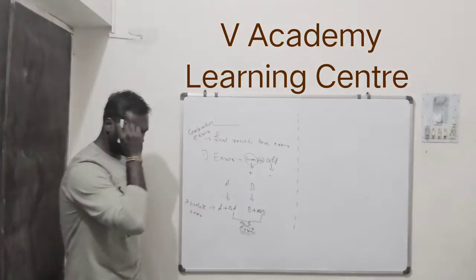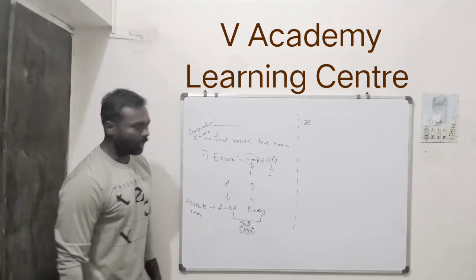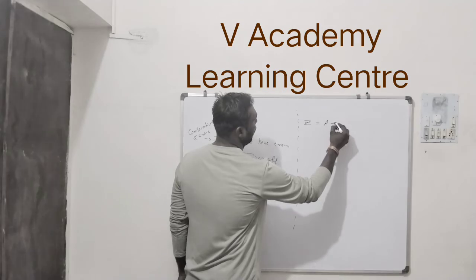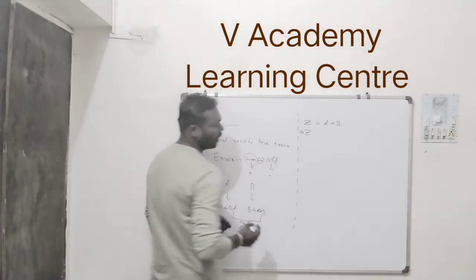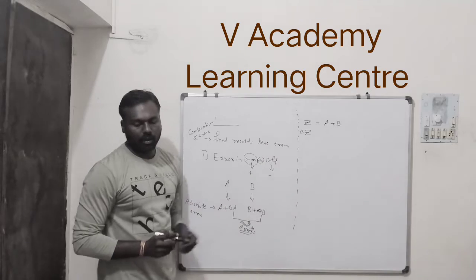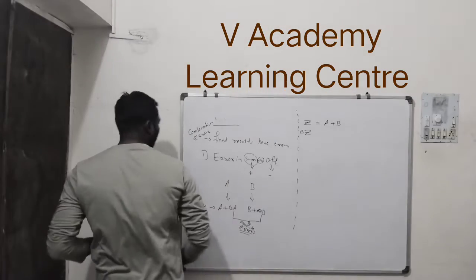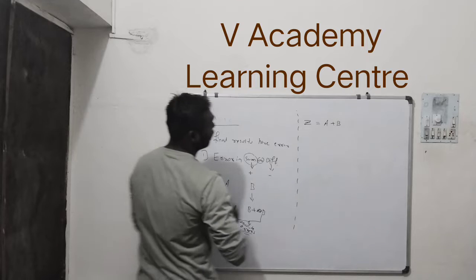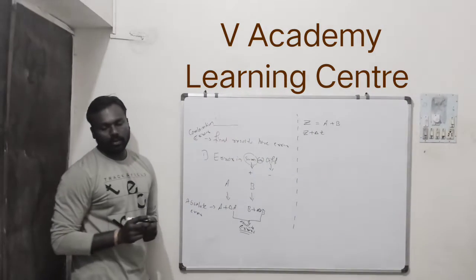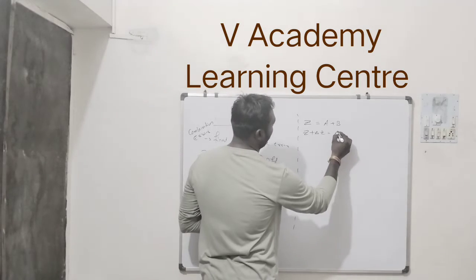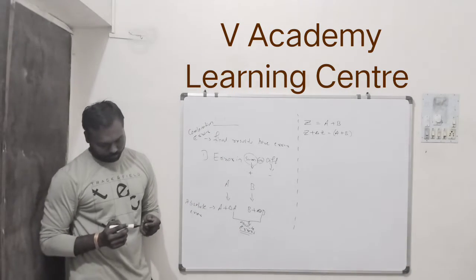Now what is the sum? Let the result be Z. Z equals A plus B, because we take the sum. The error is delta Z. Z value you know: A plus B. Next, delta Z is delta A plus delta B.